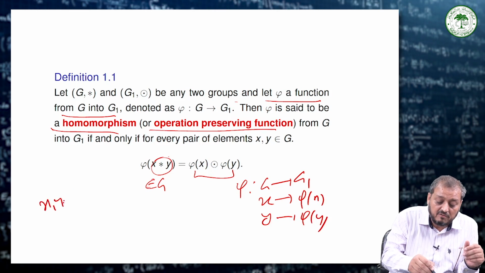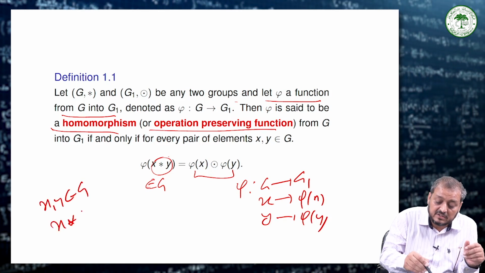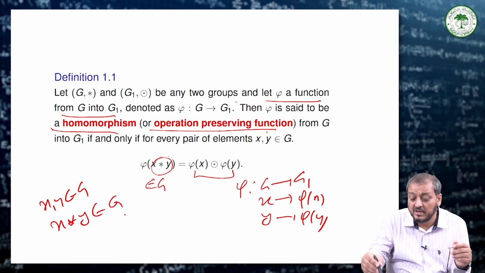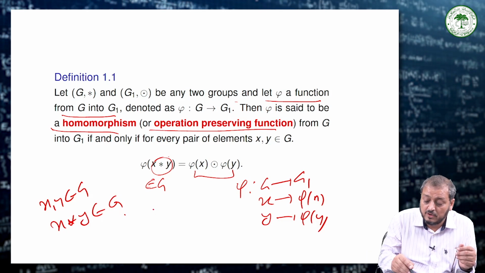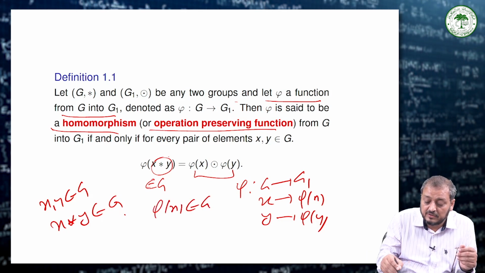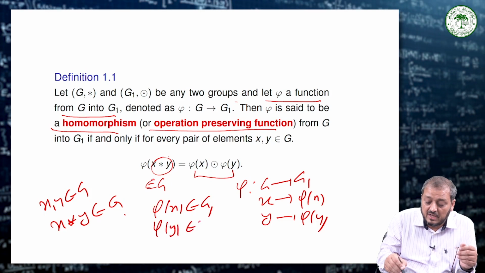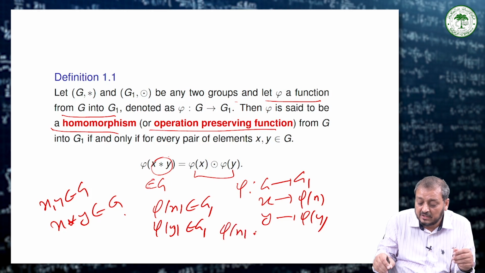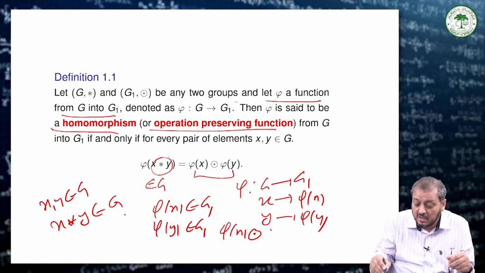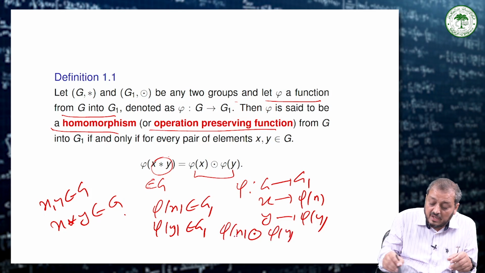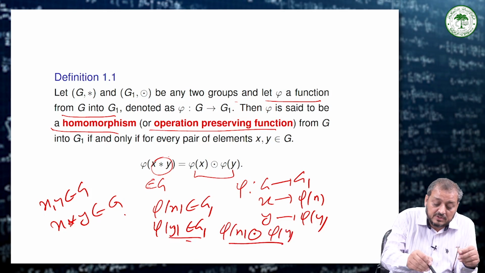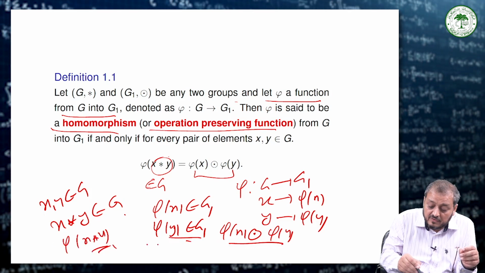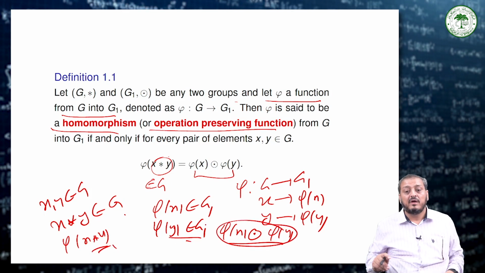If x and y are elements of G, then since G is a group, x composition y is also an element of G. Similarly, G1 is also a group, so the images are elements of G1, and the binary operation is preserved: psi of x composition y is the same as psi of x into psi of y.